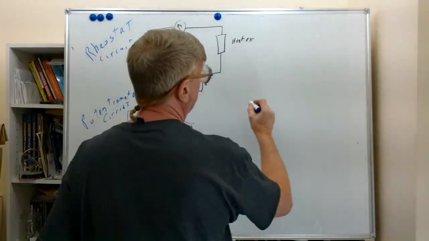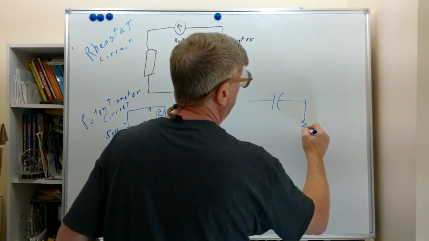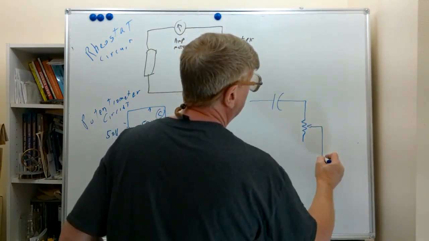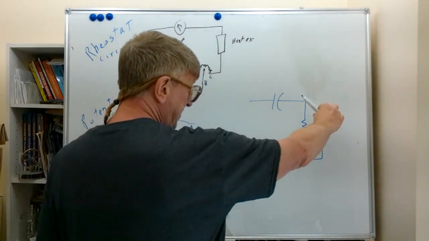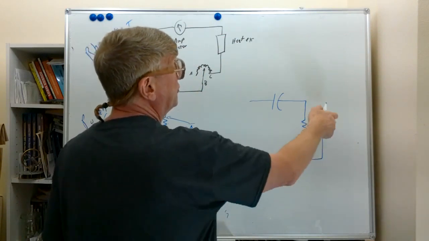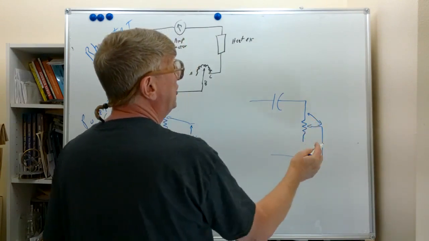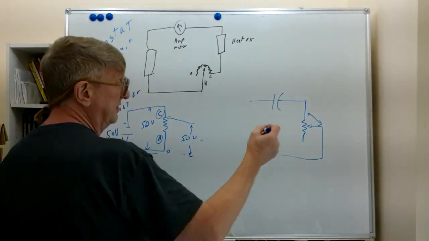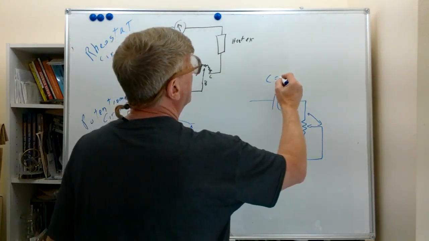In the tone control circuit, you might have a capacitor and a situation like that where you're adjusting just the resistance from this point to this point to change the time constant of this R resistance and C capacitance circuit.